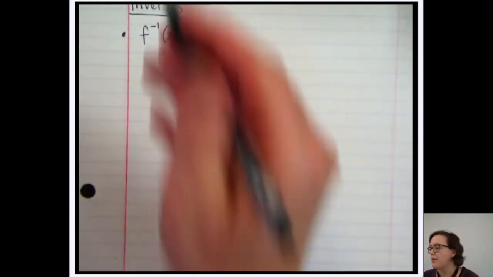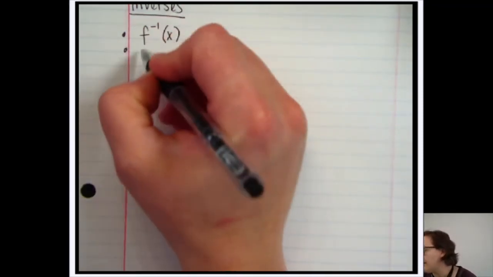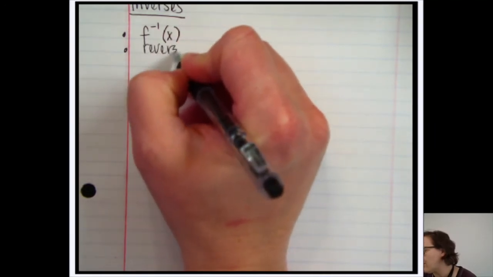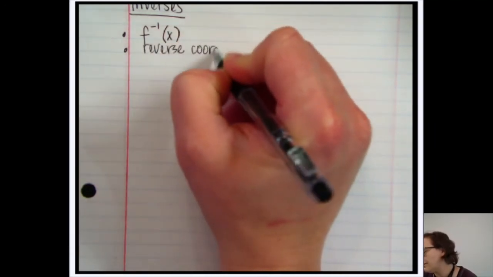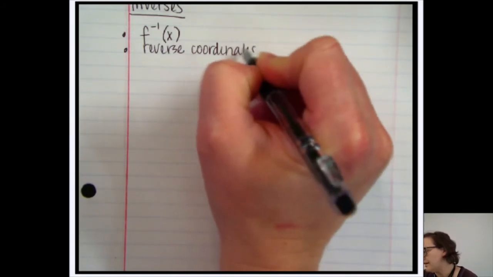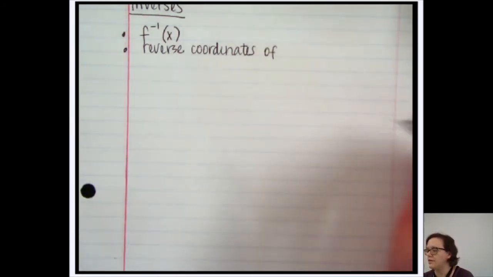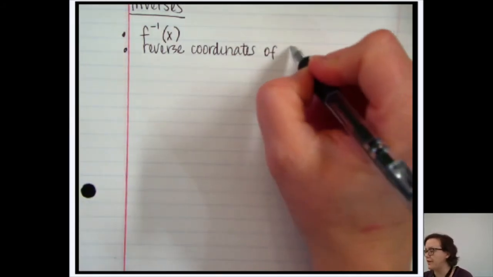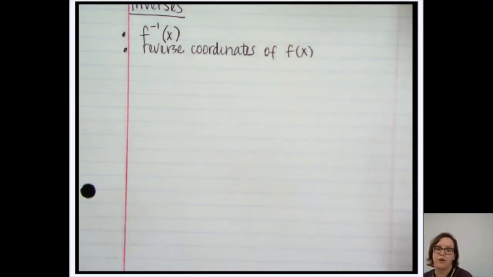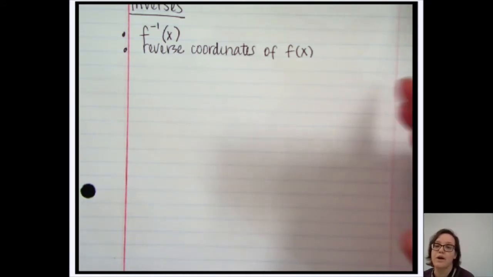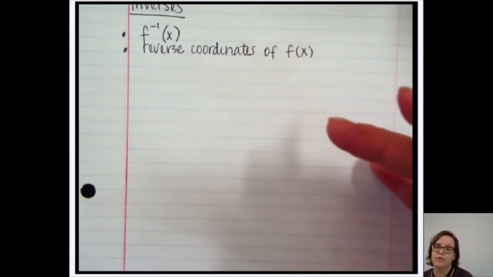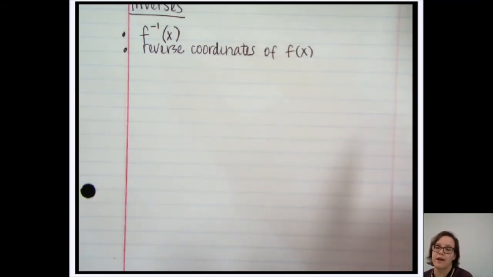Now what makes an inverse is it has the reverse coordinates of f of x. So its partner function, it has reverse coordinates. So if f of x had a coordinate of (1, 2), the inverse function would have a coordinate of (2, 1). Okay, so they just flip-flop x and y.